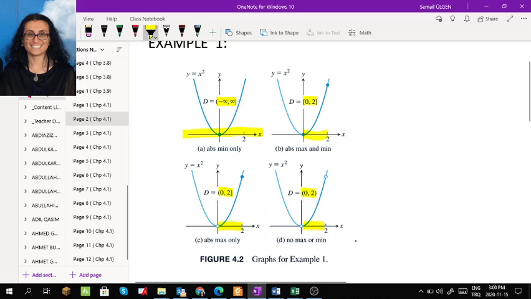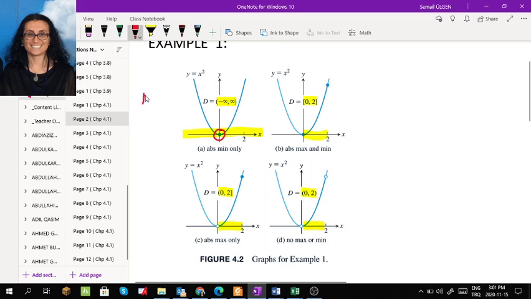This makes a big difference. In this first case, we are going to have only an absolute minimum but no absolute maximum.